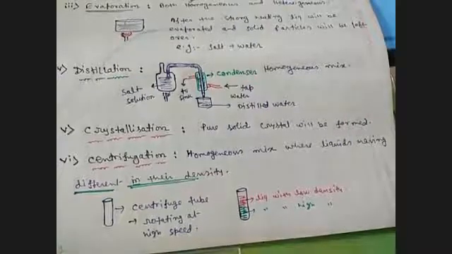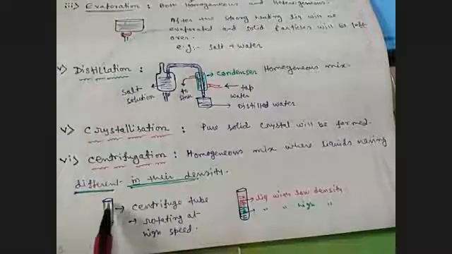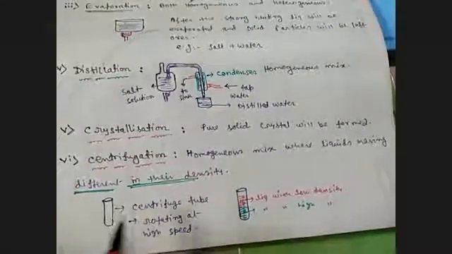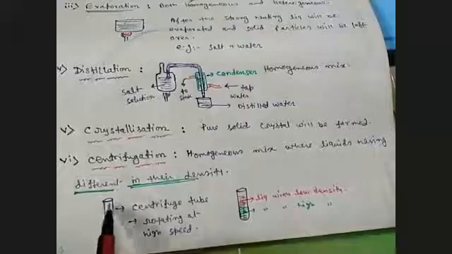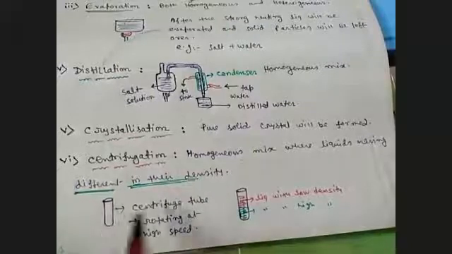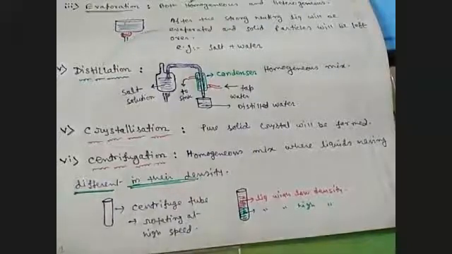In this process, we take one centrifuge tube, suppose like this, and we place that mixture in it and rotate this centrifuge tube at high speed.